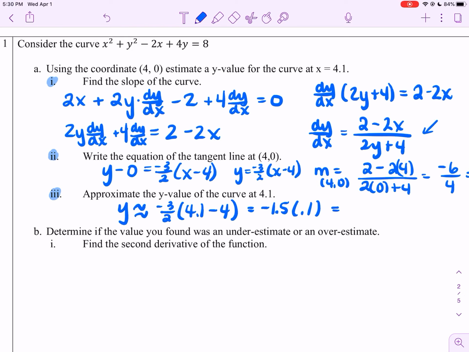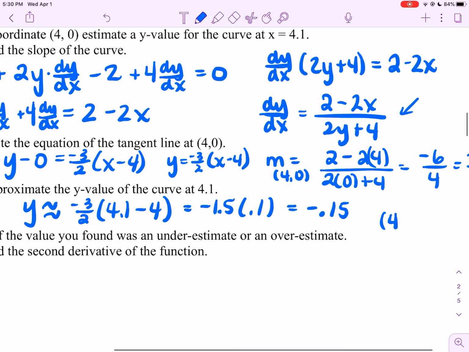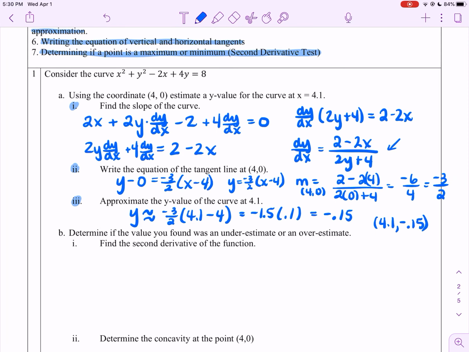That will just be negative 0.15. So that means that when x is 4.1, the y-coordinate is approximately negative 0.15. Not exactly negative 0.15, but approximately.